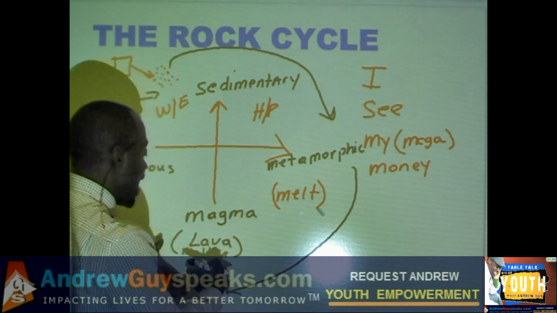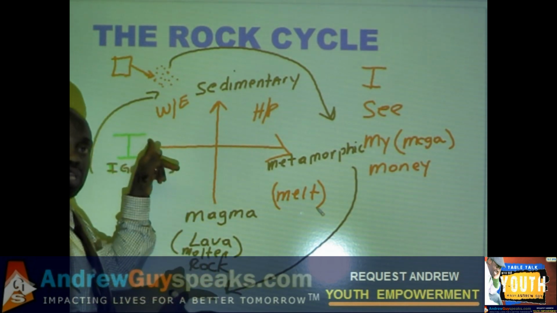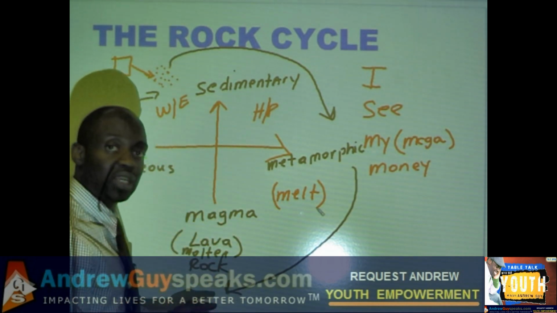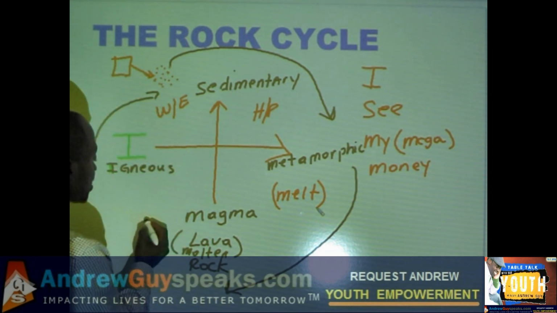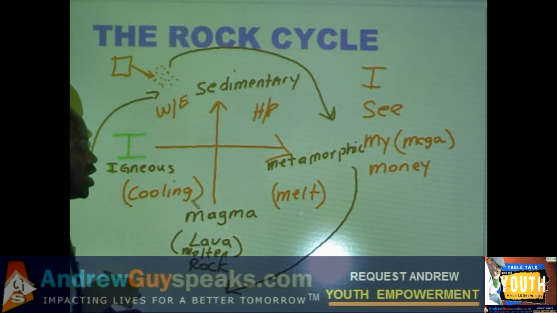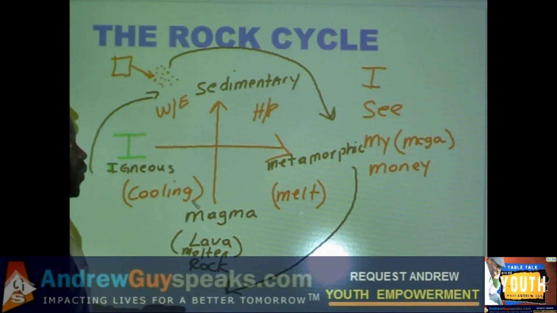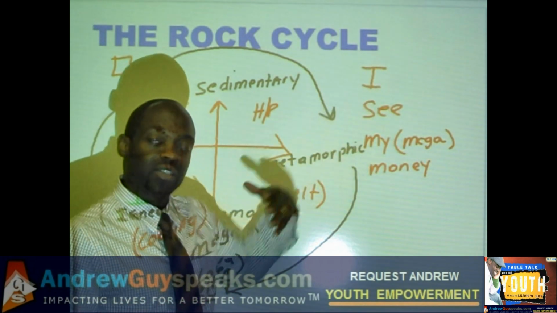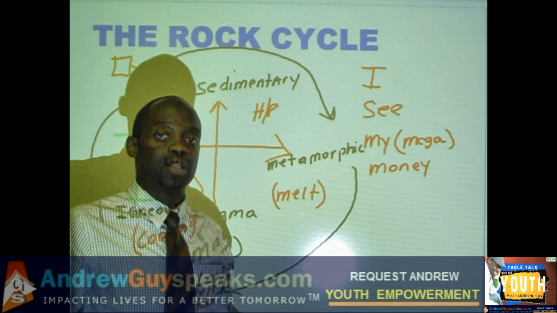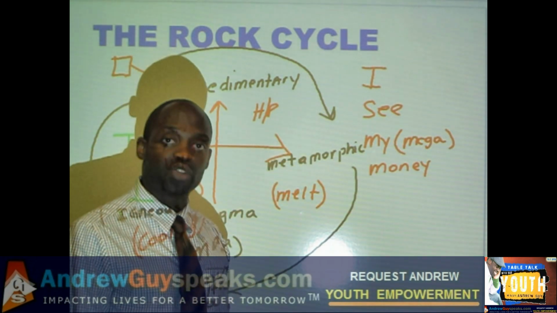And then after we have this molten rock, something has to happen for it to turn back into an igneous rock. What is that thing that happened? Well, real simple. Cooling happens right here. So now we have everything. We have the rock cycle. We know exactly what happened. We've got a mnemonic device. The mnemonic device is just really a phrase that helps me to remember a list of things or details.